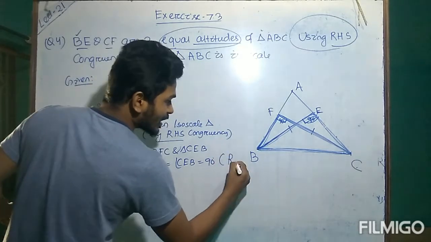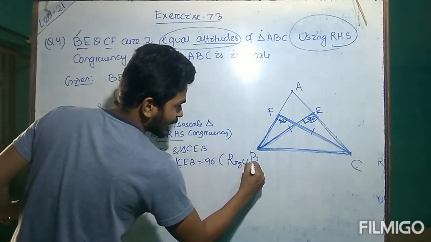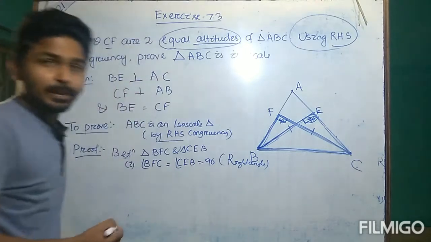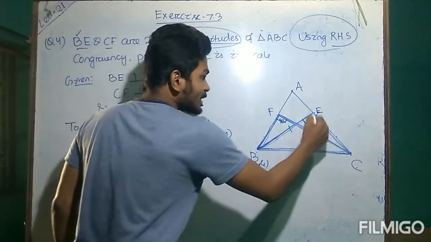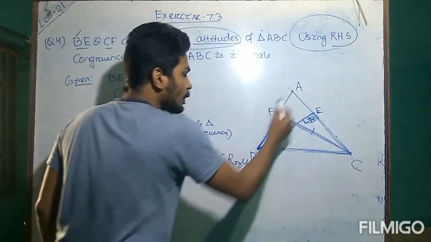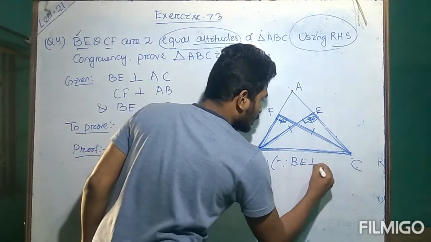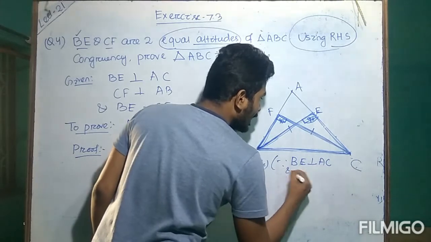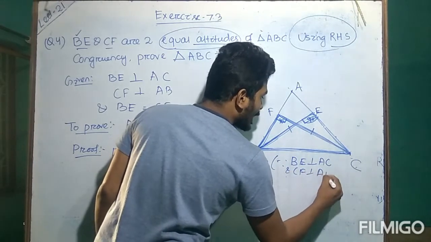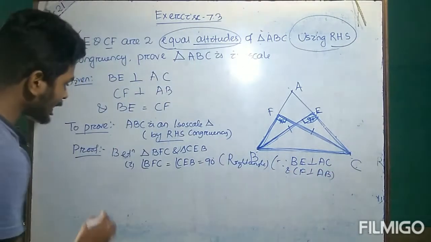This stands for right angle. It is given. Why? Because BE is perpendicular on AC and CF is perpendicular on AB. You can write the reason here. Done.